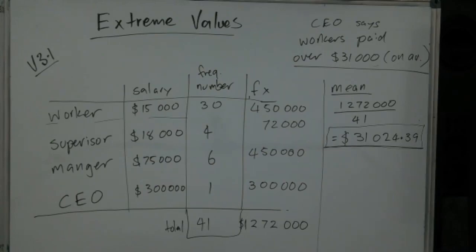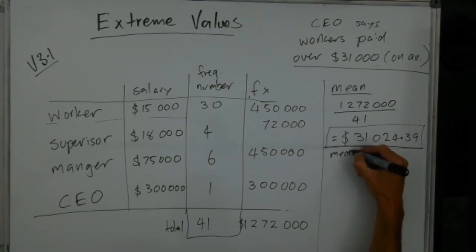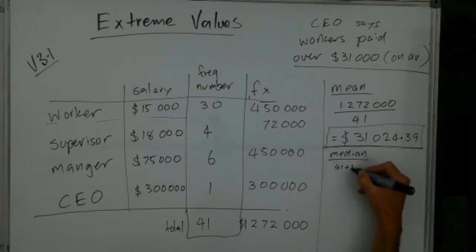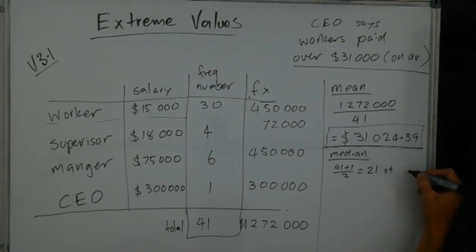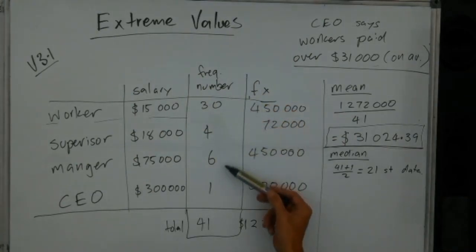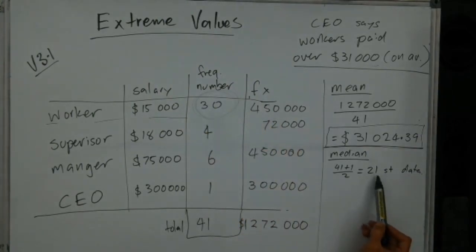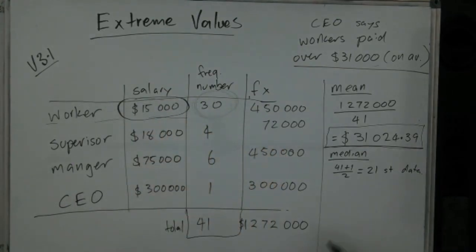Okay, so now let's work out the median. So we've got 41 total people working at the factory. 41 plus 1 is 42. Half of 42 is the 21st bit of data. And looking at our frequencies, the first 30 bits of data, so the 21st bit of data is in here too, has a median salary.